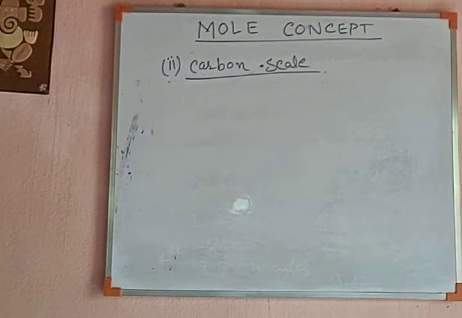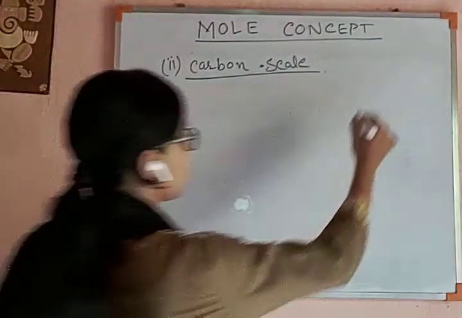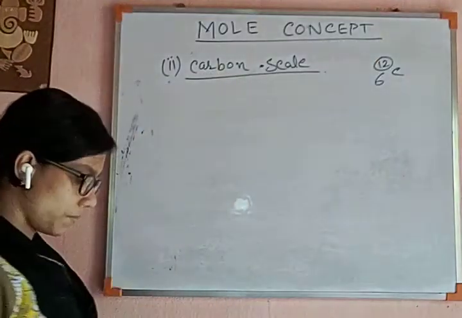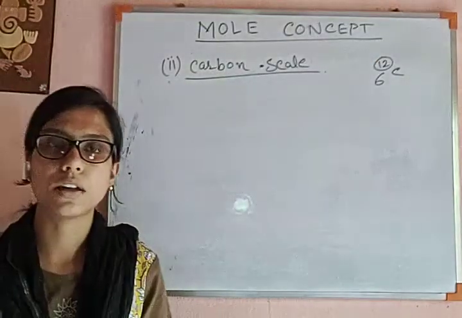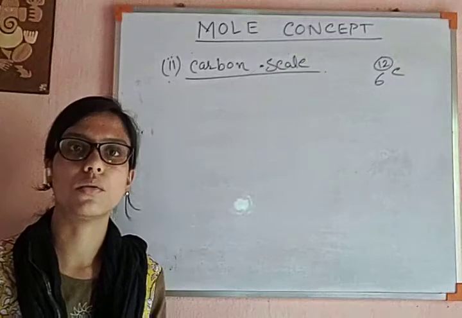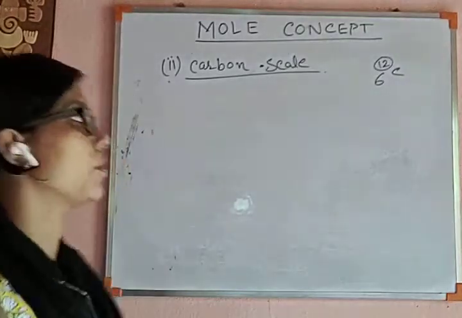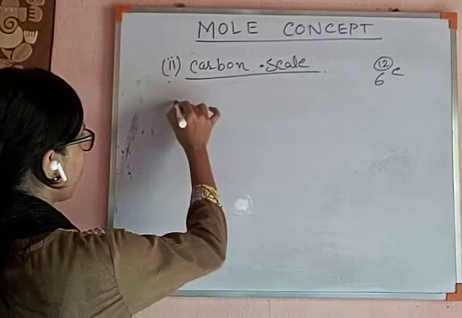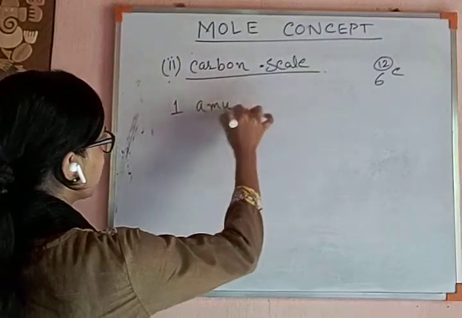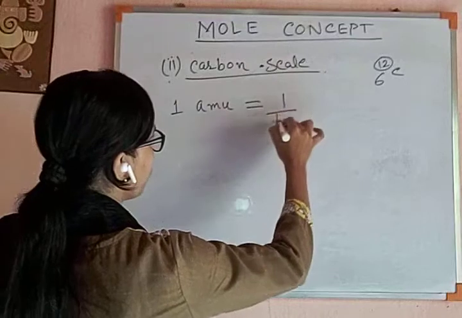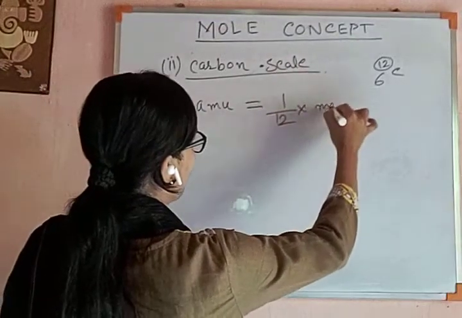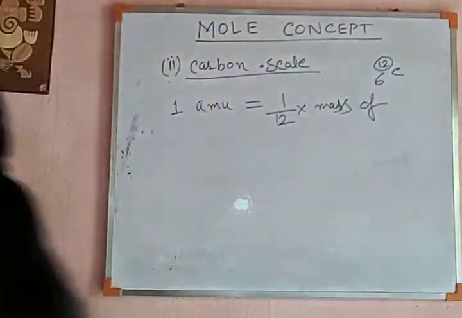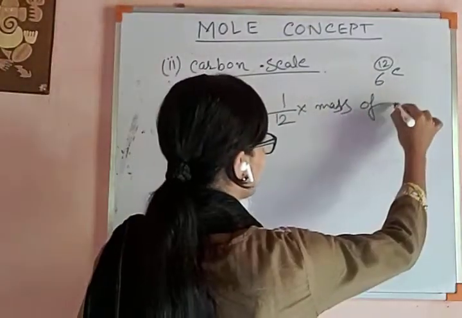In the carbon scale, the weight of carbon is represented as 6C12. So 12 gram is the weight of a carbon atom, and this is for 1 gram atom, which means Avogadro's number. Here we can say that 1 atomic mass unit is 1 by 12 into the mass of 1 carbon atom.